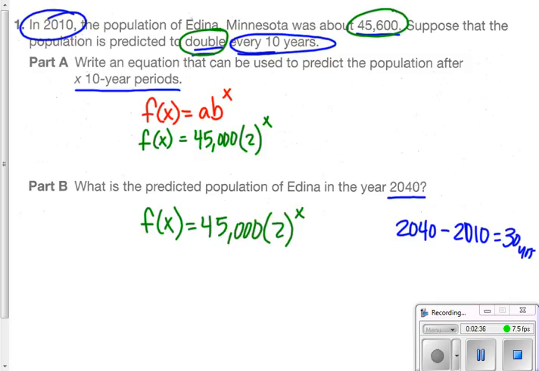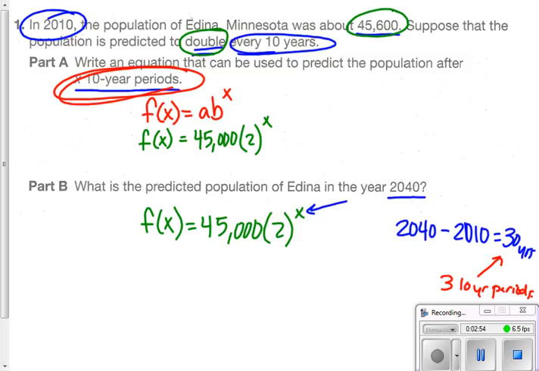In our equation, x represents how many 10-year periods that we had. This is 3 10-year periods. So I'm going to substitute 3 in for x.